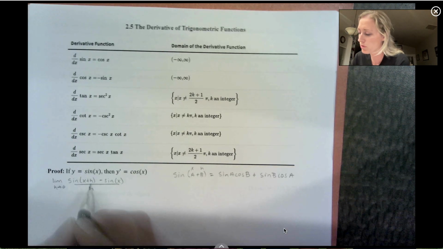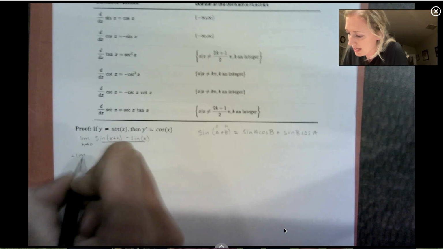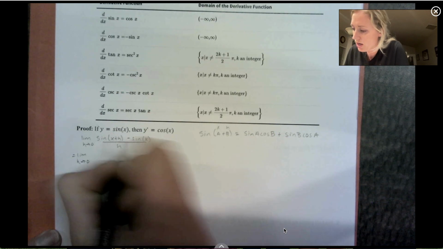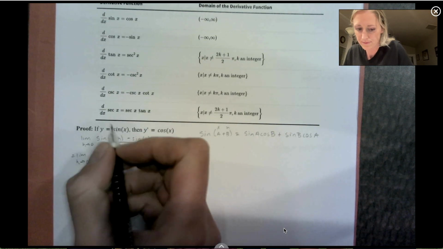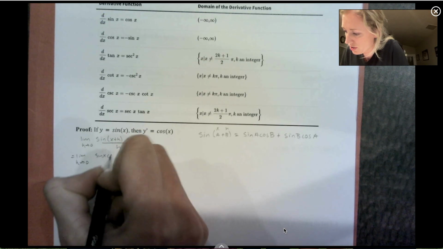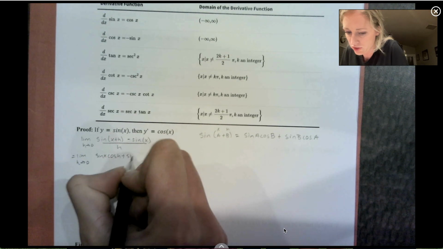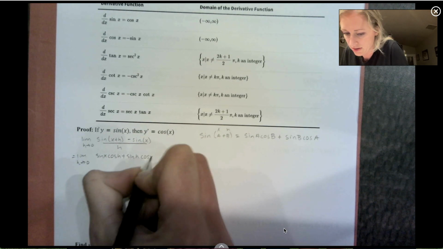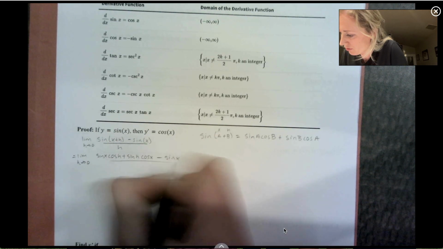So I'm going to split this using our addition trig identity for sine. So this turns into the limit as h approaches 0 of sine x cosine h, plus sine h cosine x minus still that sine x all over h.